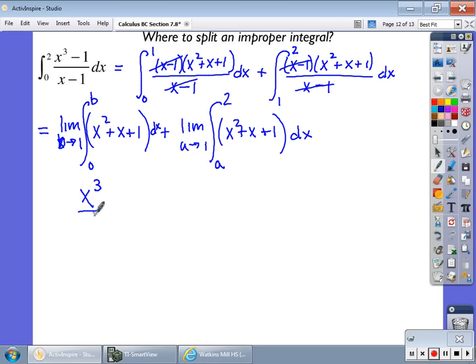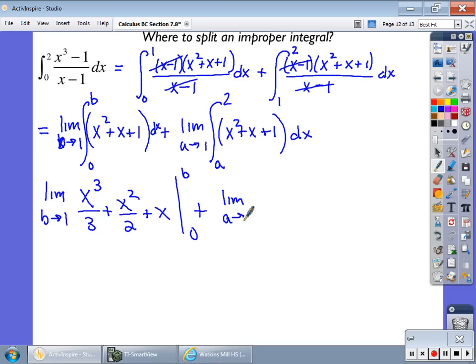Okay, add 1 and divide: x to the third over 3 plus x squared over 2 plus x, evaluated from 0 to b, and we're taking the limit as b approaches 1. I'm going to add to that the limit as a approaches 1 of x to the third over 3 plus x squared over 2 plus x, and that is going to be from a to 2.